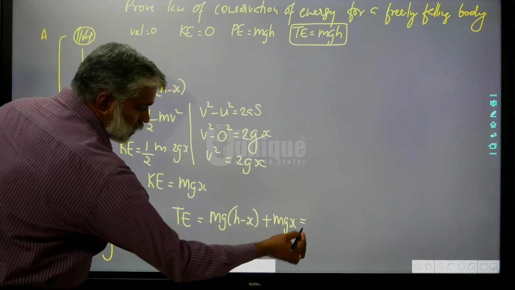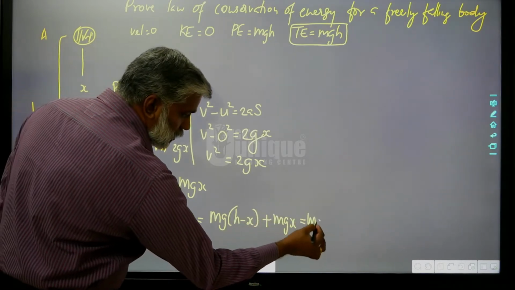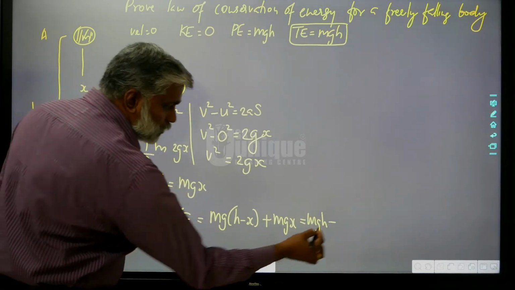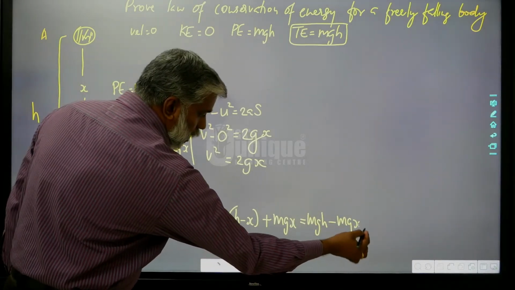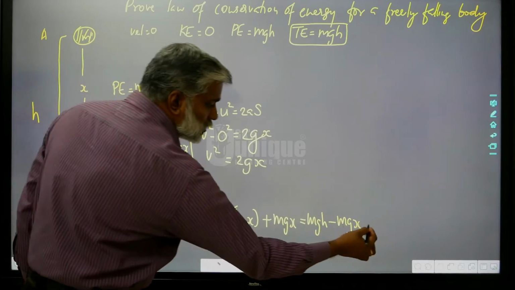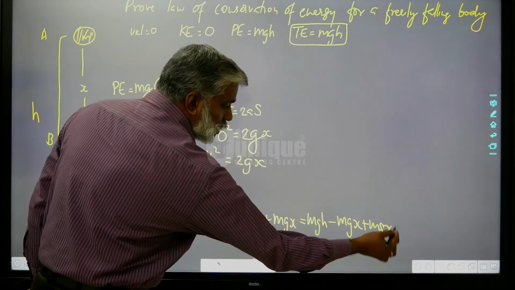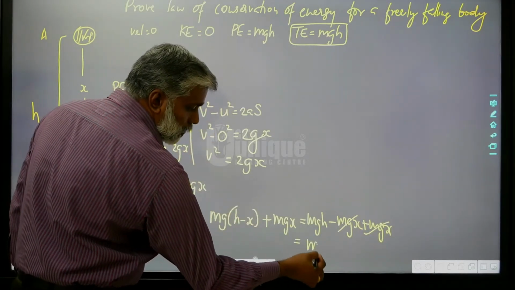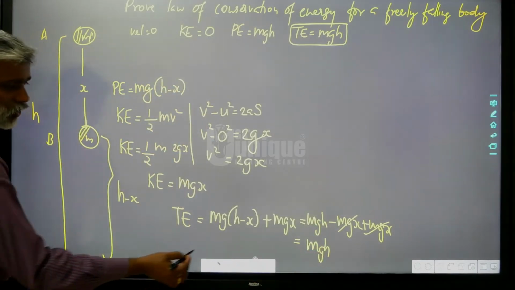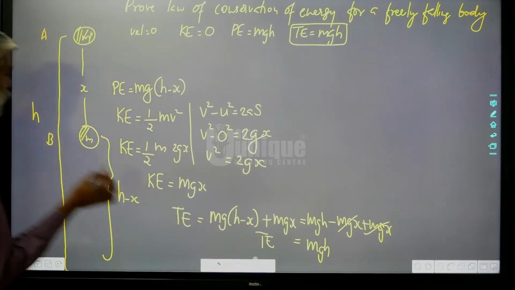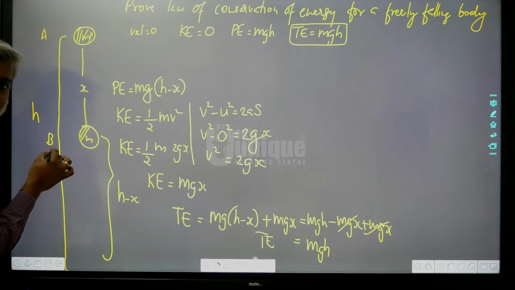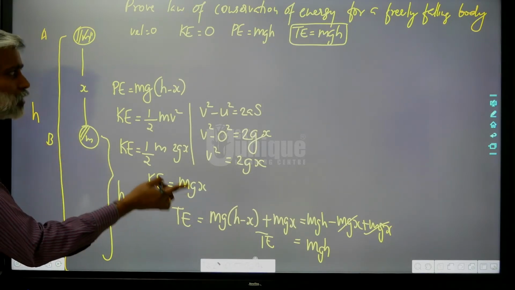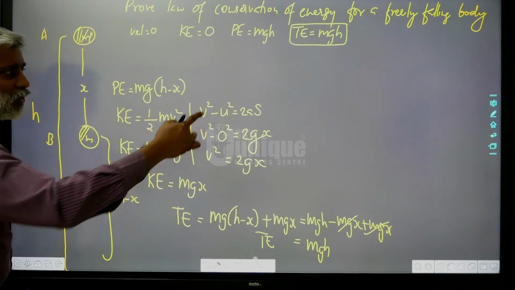So answer, say mgh minus mgx plus mgx. Okay, so these two cancel. I am getting mgh. So this is the total energy at the new point B. So total energy at the point B is also mgh. Total energy at A is also mgh.